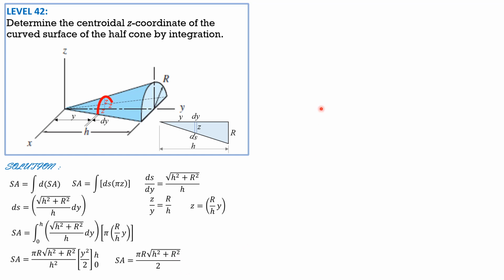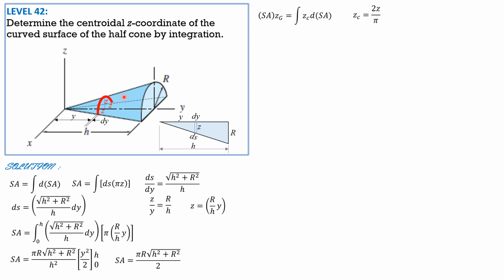Then by Varignon's theorem, surface area times z sub g is equal to the integral of g sub c, the differential surface area. Now g sub c is the z coordinate of this differential element, which is a semicircular arc. And remember, the centroid of a semicircular arc from its base, from the diameter, is 2r over pi, where r is the radius of this arc, which in this case is z.